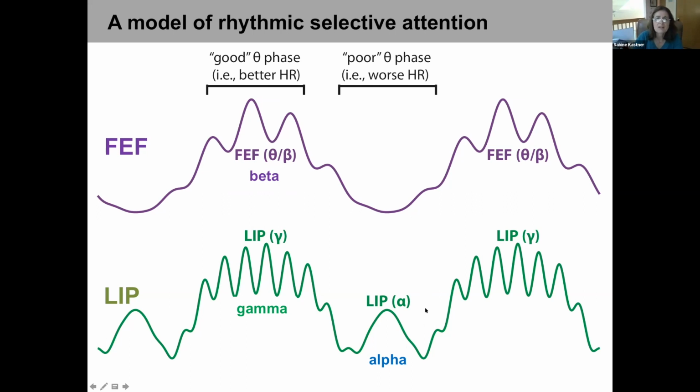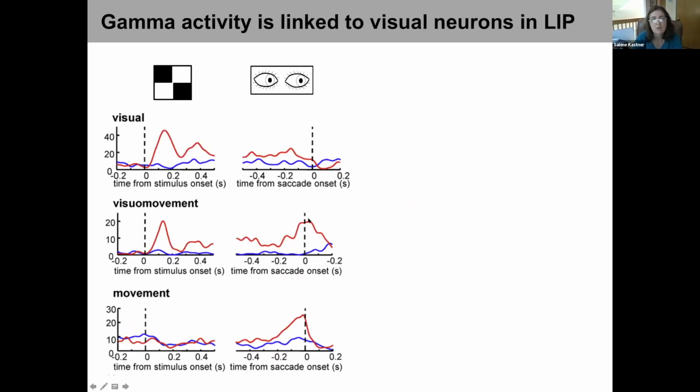So what does this all mean with relation to function here? What was revealing in our analyses was when we were now looking at the spiking activity of individual neurons relative to this oscillatory activity that we get from the local field potential, so from a population signal.